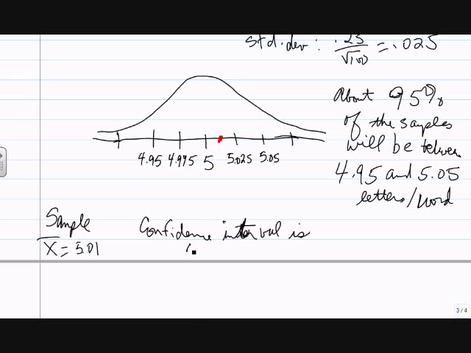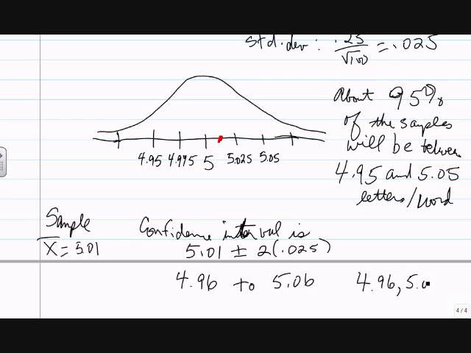So my confidence interval is going to be 5.01 plus or minus 2 times the standard deviation of 0.025, which happens to be 4.96 to 5.06, or you can write confidence intervals like this, 4.96 comma 5.06 in parentheses. That's how your calculator will report them.